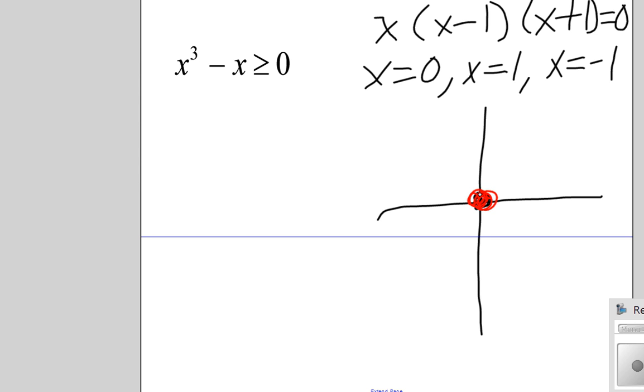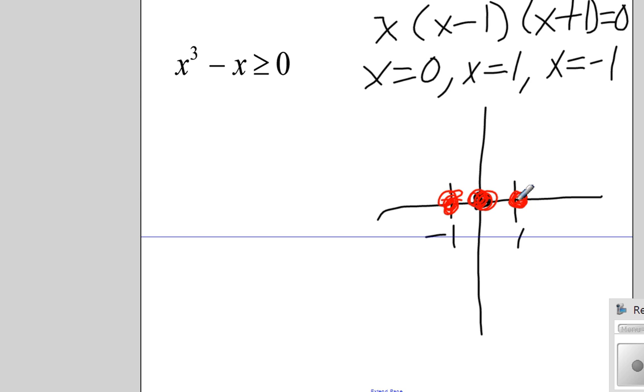I've got 1 and negative 1. Okay, so the graph intersects those 3 points.